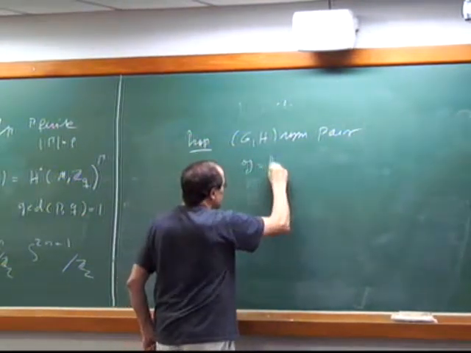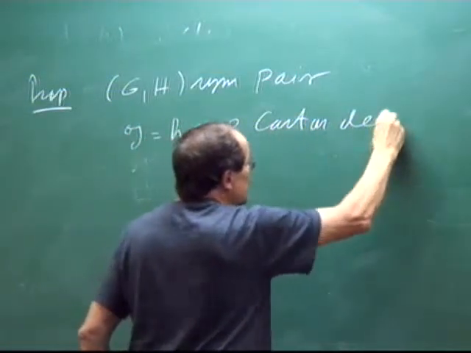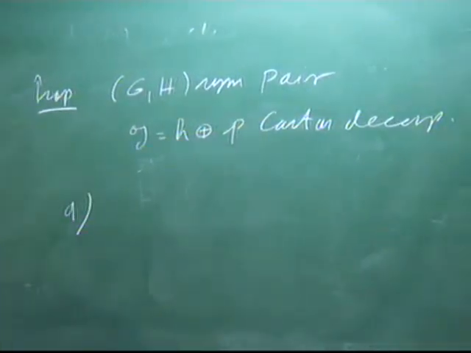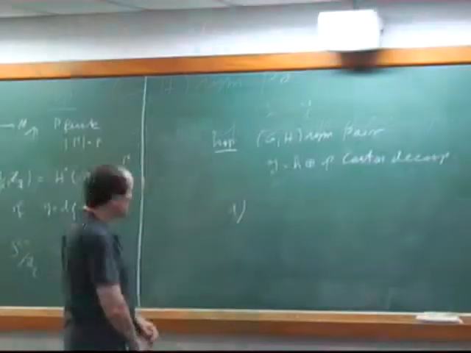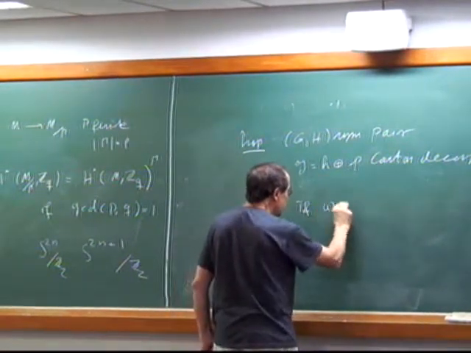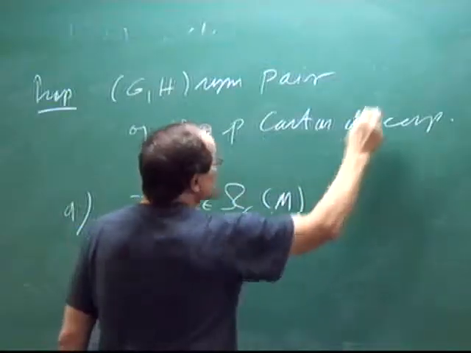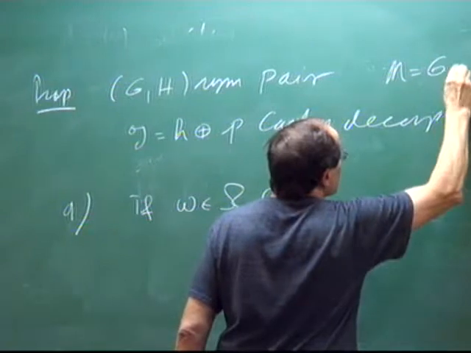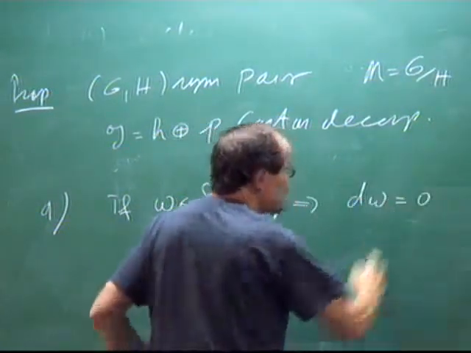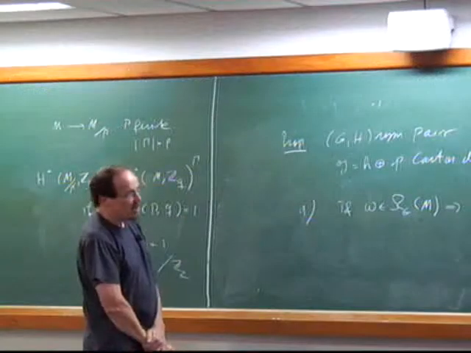I take my Cartan decomposition. So a symmetric pair has the following nice fact, that if omega is G invariant, this implies that omega is closed. So every G invariant form is automatically closed.